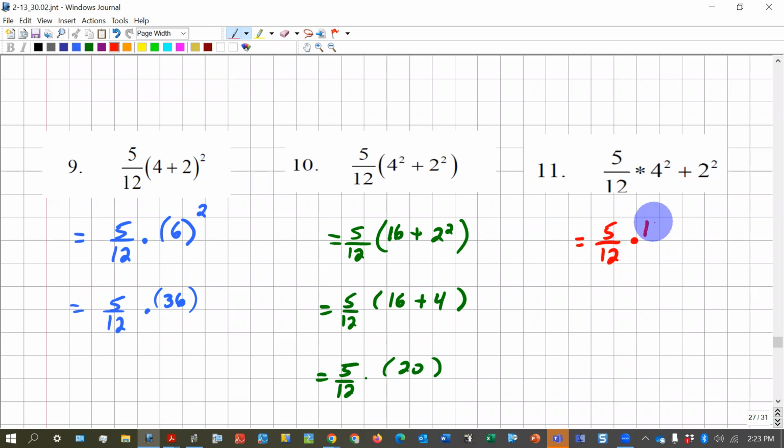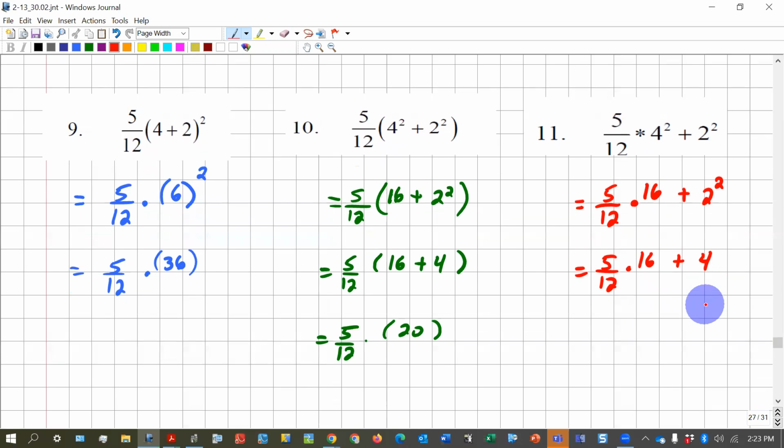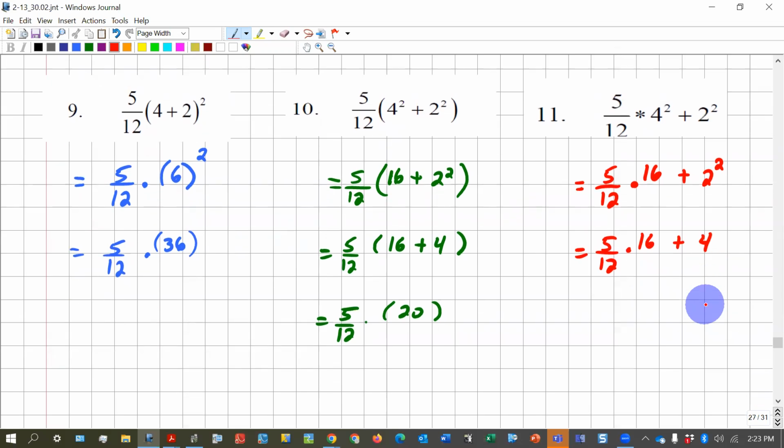We'd have to do the exponent on the left first. Then the exponent on the right. But because this time we don't have parentheses, we're going to multiply before we add.